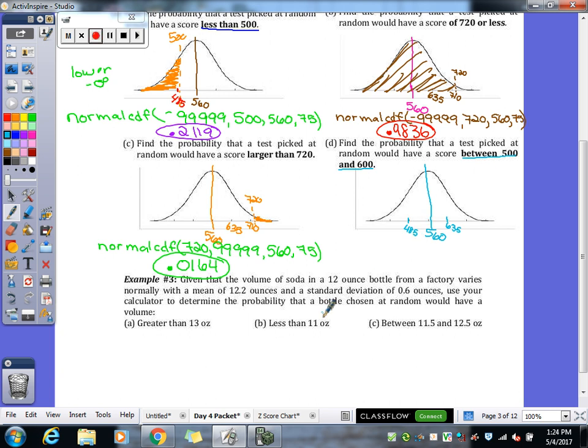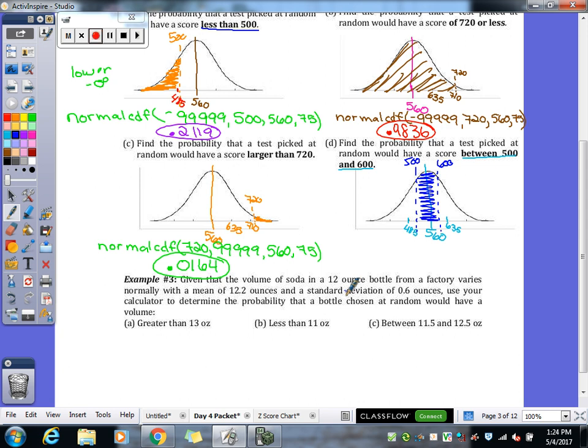One below is 485, so my 500 and 600 are going to fall in between those. 500 would be approximately here. 600 would be approximately here. And we're looking for the probability of falling in between those two.